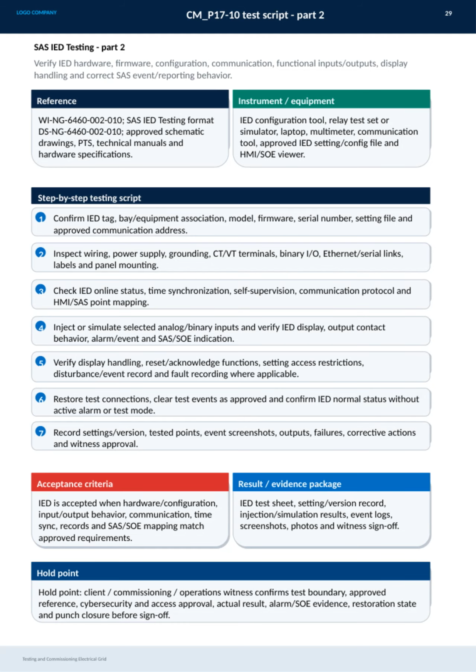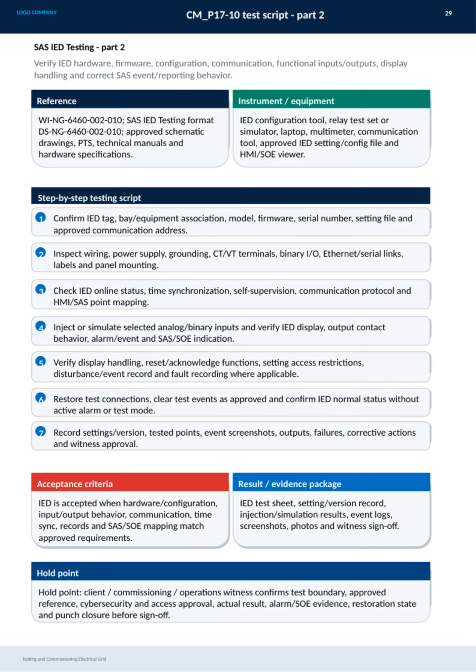Here we have the second part of the SAS IED testing script, which covers a comprehensive and step-by-step procedure to ensure the IED functions correctly within the electrical grid. First, we verify all essential IED details such as its tag, bay association, model, firmware version, and communication addresses. Then we inspect the physical setup, wiring, power supply, grounding, and all terminal connections.